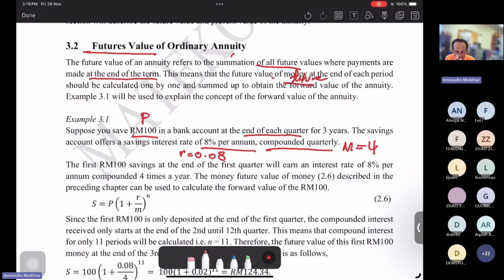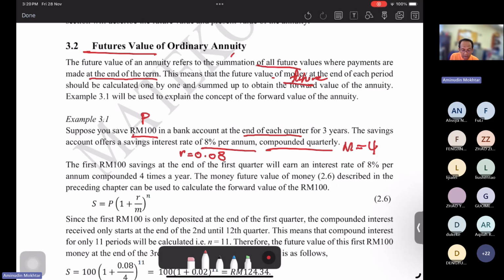If the interest rate is compounded quarterly, it is compounded 4 times per year. Every year the interest is calculated 4 times, at the end of March, June, September, and December. That's why M equals 4.